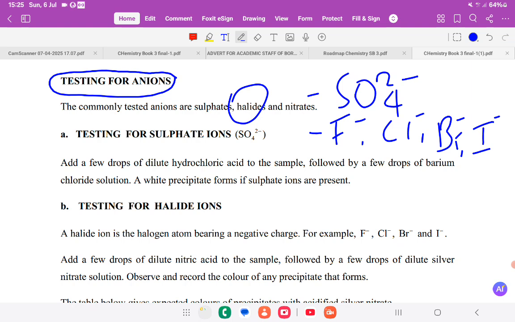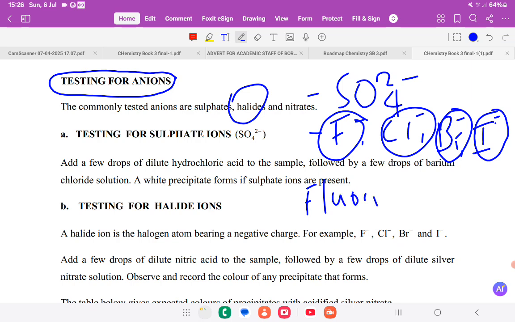We are saying fluoride, chloride, bromide, and iodide, not fluorine, chlorine, bromine, iodine, no. Their ions are named by simply adding IDE at the end. Fluoride, written like this. Chloride ions. So there's IDE at the end. Bromide ions.